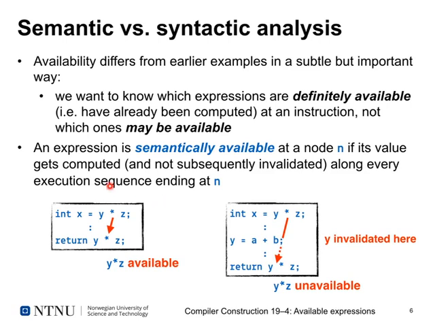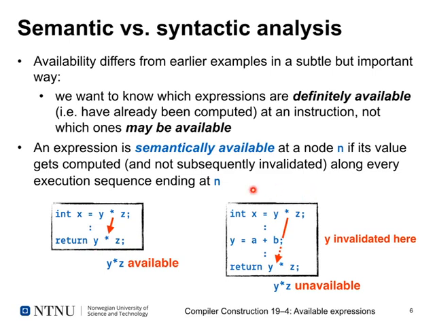For example, on the left-hand side, we have int x equals y times z, and then maybe at the end of a function we want to return y times z. If y and z don't change in between, we could have simply written return x here instead of return y times z, obviously. So we know this expression would be available if nothing else would have happened in between.